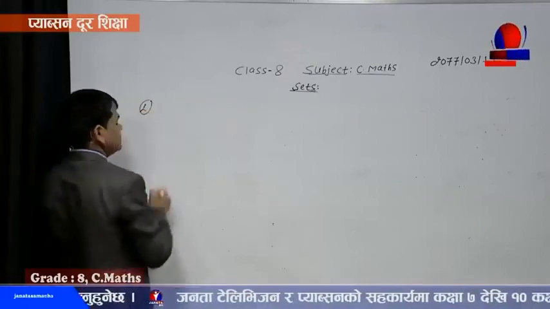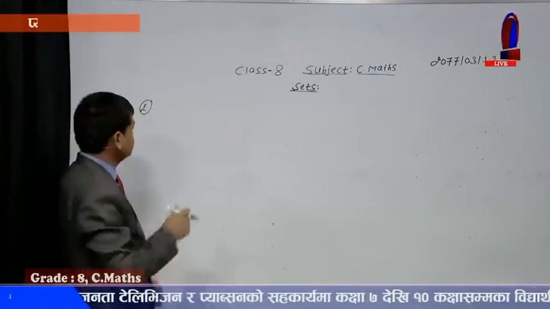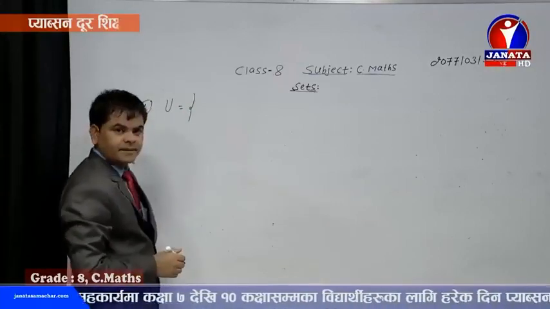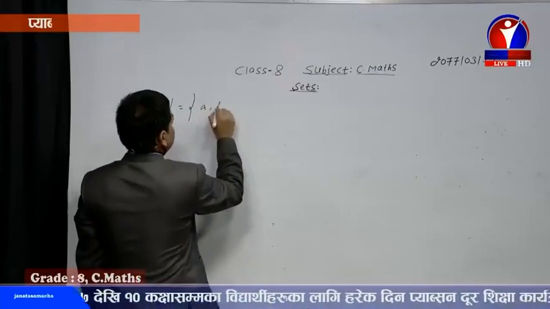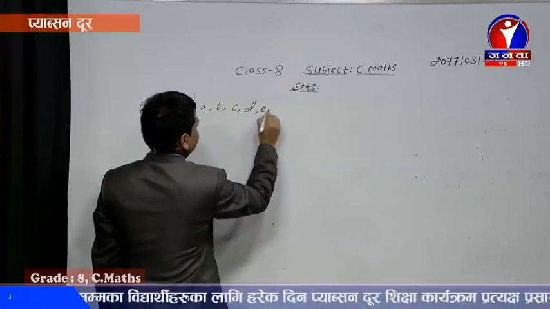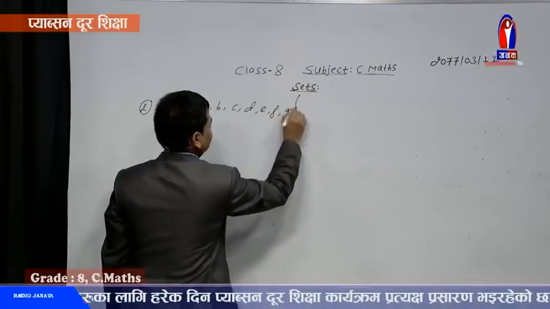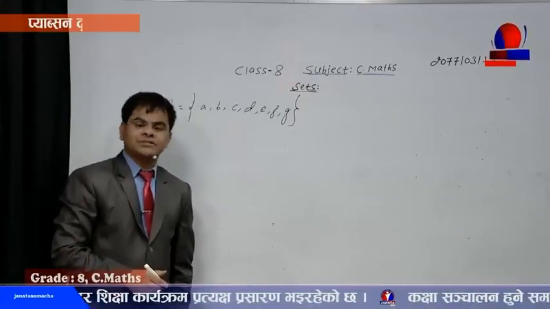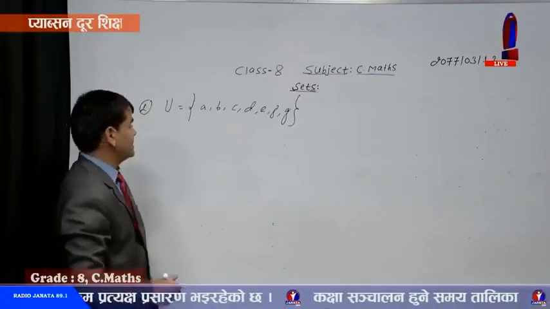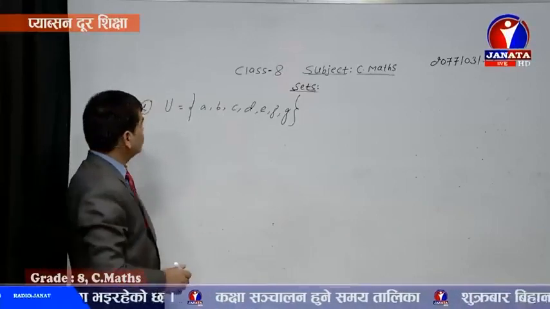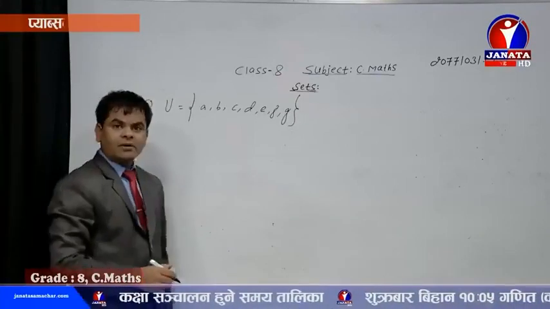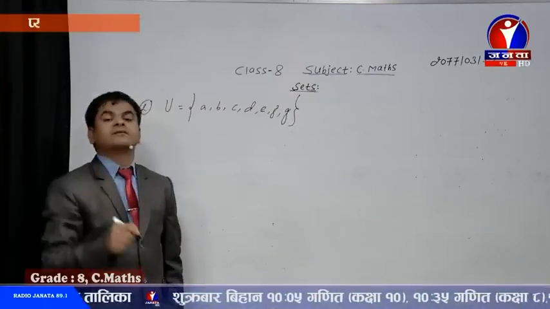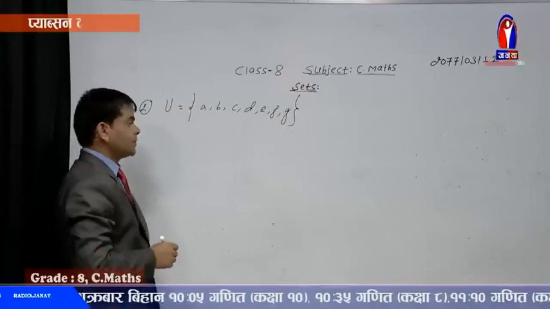Number 2 example. For example, the universal set, dear students, is given as A, B, C, D, E, F, G, up to G. I am not going to write more, but in your book, if you search, there are many questions having more elements as well. After this chapter or after completion of this class, you can check those questions, solve them, and show them to your experts.